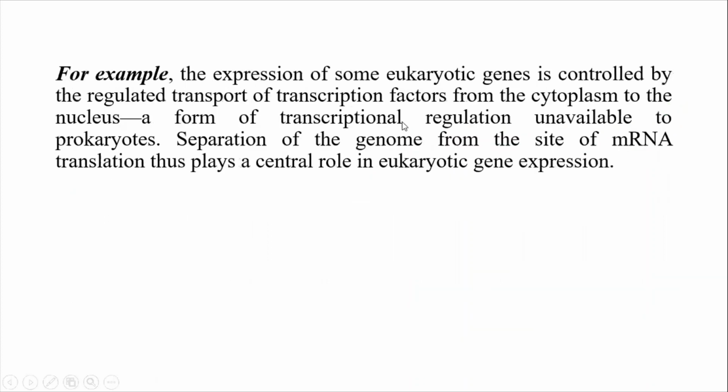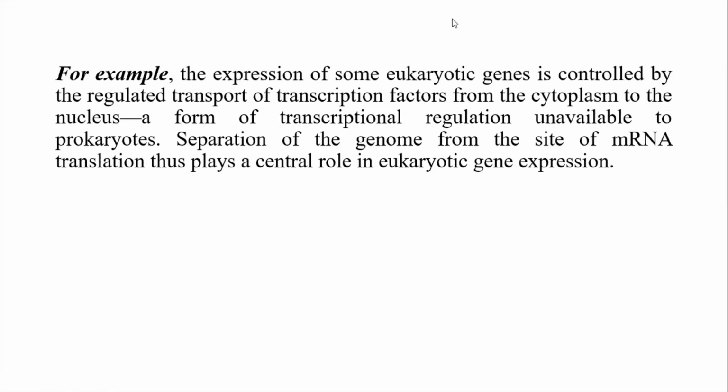For example, the expression of some eukaryotic genes is controlled by the regulated transport of transcription factors from the cytoplasm to the nucleus, a form of transcriptional regulation unavailable to the prokaryotes. The separation of the genome from the site of the mRNA translation thus plays a central role in the eukaryotic gene expression.